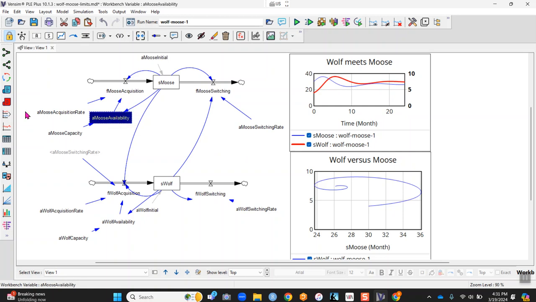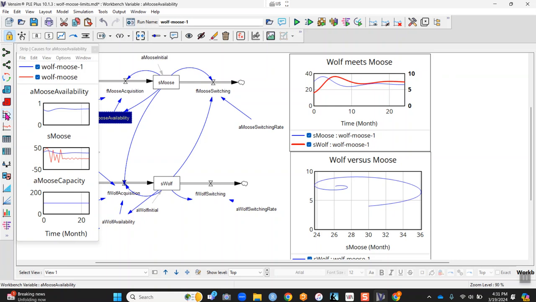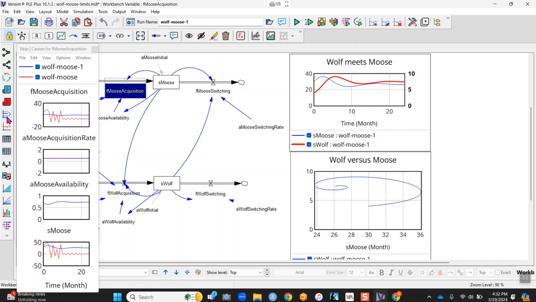If we look at this quickly, we see moose availability go down and go up a little bit and over. And moose, here's the moose. What is that? What do you think that is? Let's look. Let's go here. There it is.